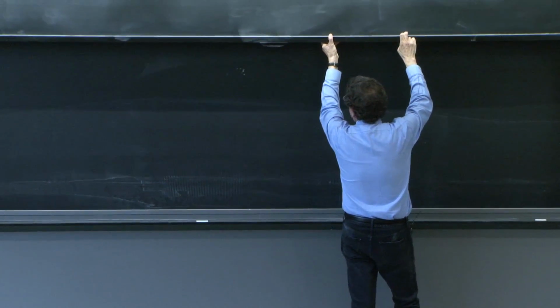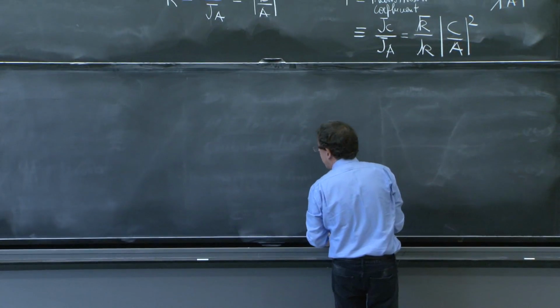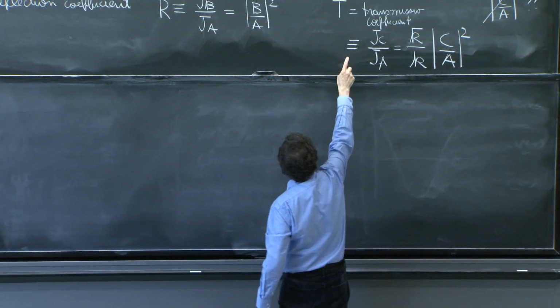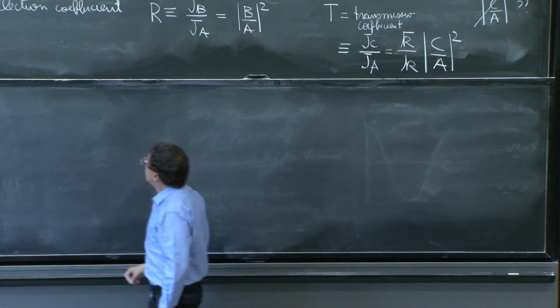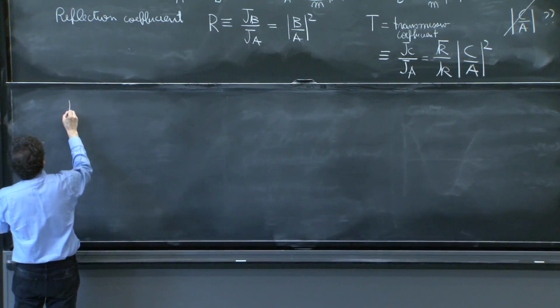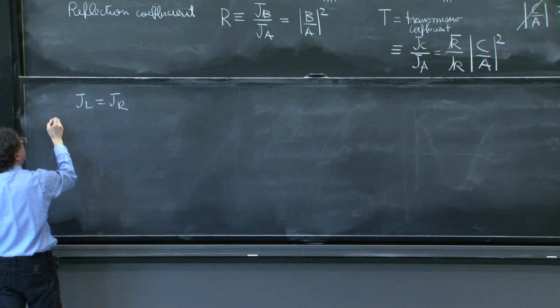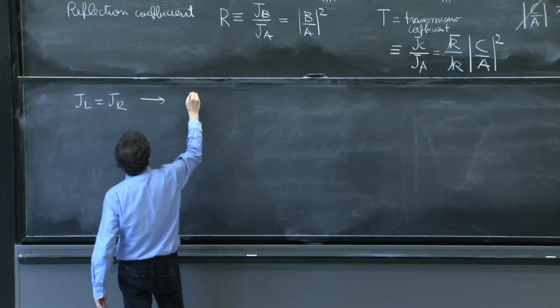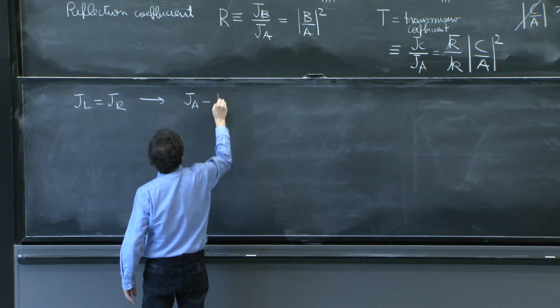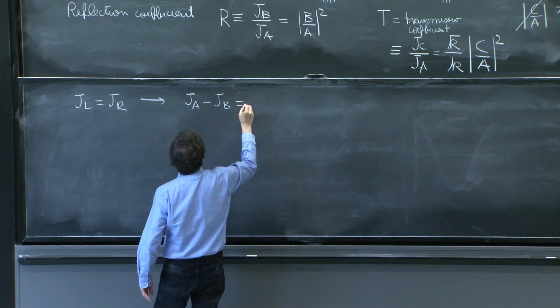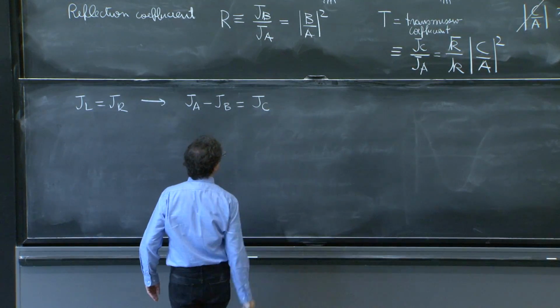And these definitions, because after all, this is a definition, make some nice sense, because we said J left is equal to J right, but J left is JA minus JB, which is equal to JC.